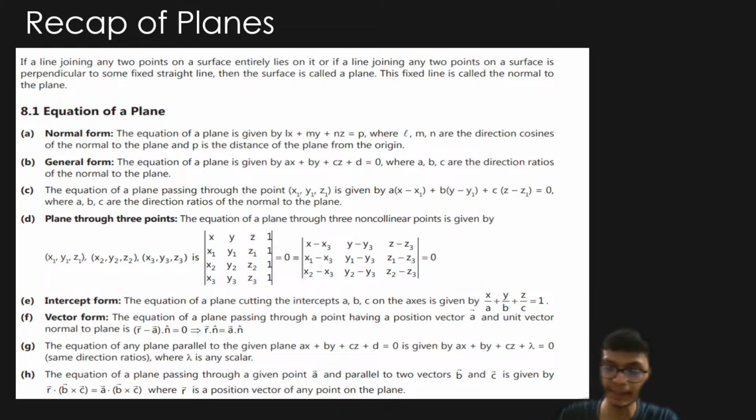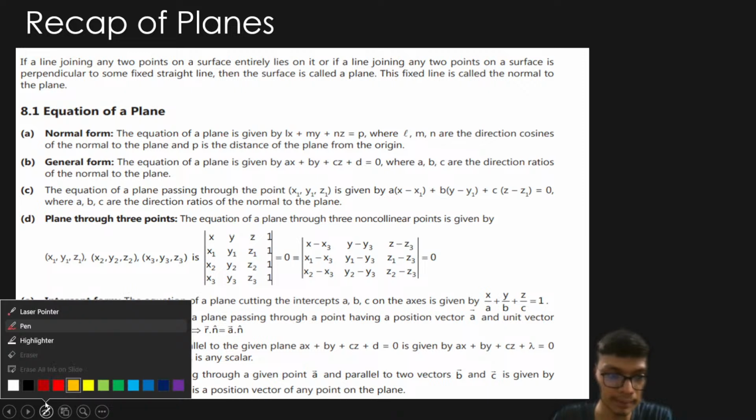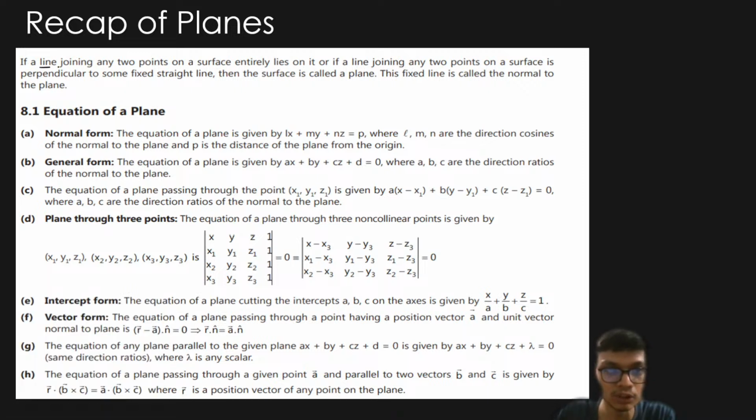It is said that if a line joining any 2 points on a surface lies entirely on it, or if a line joining any 2 points on the surface is perpendicular to some fixed straight line, then that particular surface is called a plane, right? What does that basically mean?